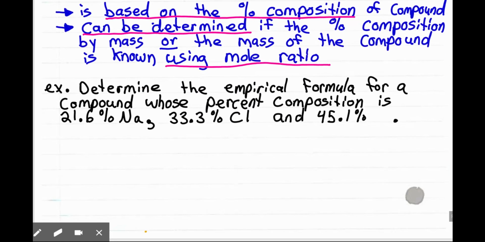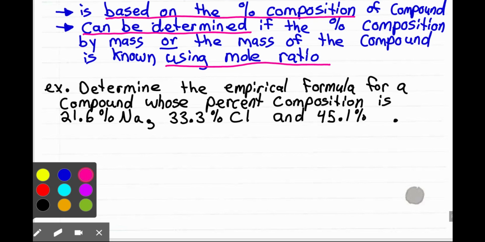In our example, it's asking us to determine the empirical formula for a compound whose percent composition is 21.6% sodium, 33.3% chlorine, and 45.1%, that should say oxygen.